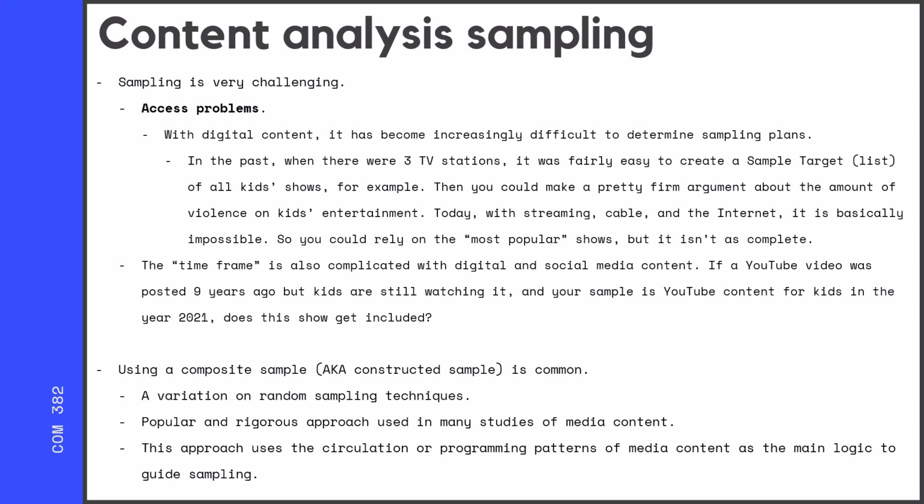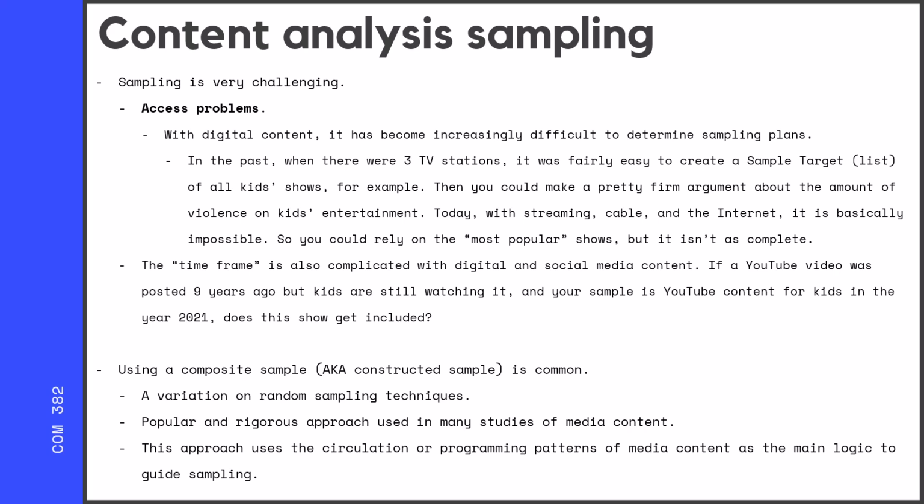And if you're trying to understand the effect that a certain kind of content has on kids, the time frame is totally off. You can't just look at content that was created in the year 2021 or something to understand what kids in 2021 are watching. So this is really hard.